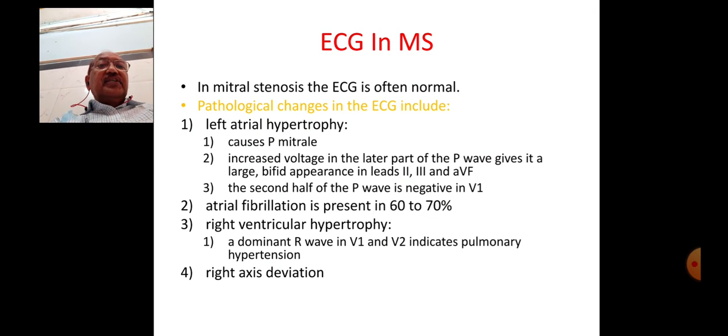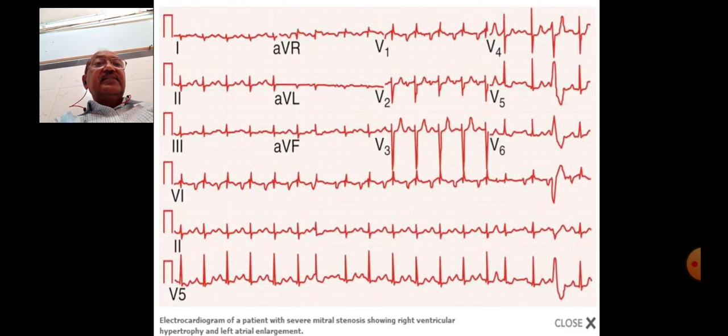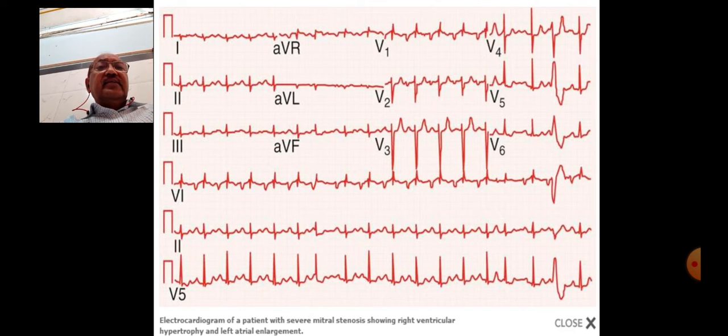Atrial fibrillation is present in 60 to 70%. Right ventricular hypertrophy with dominant R in V1 and V2 and right axis deviation. And this is the classical sinus tachycardia, RVH, RAD, and LAO.